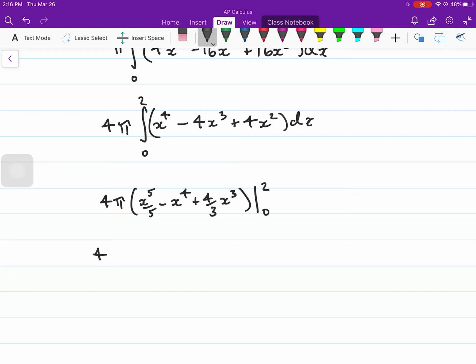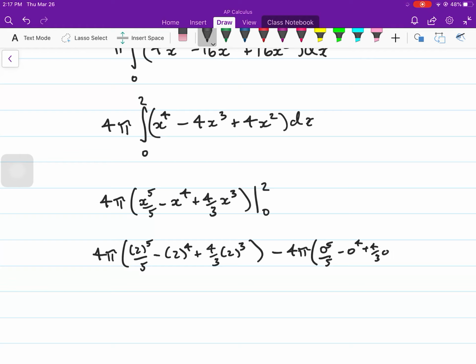from 0 to 2. So that's 4 pi times 2 to the 5th over 5 minus 2 to the 4th plus 4 over 3 times 2 cubed, minus 4 pi times 0 to the 5th over 5 minus 0 to the 4th plus 4 over 3 times 0 to the 3rd.